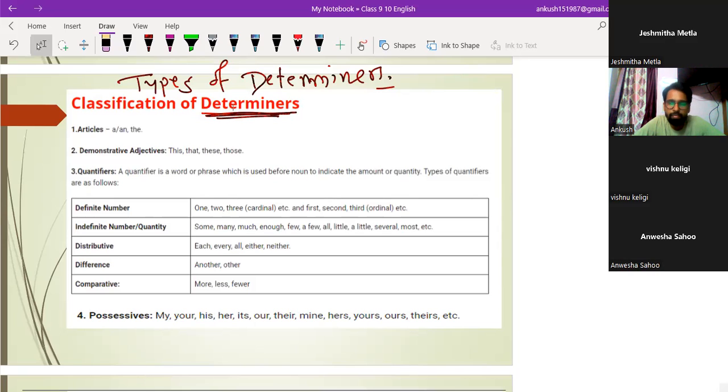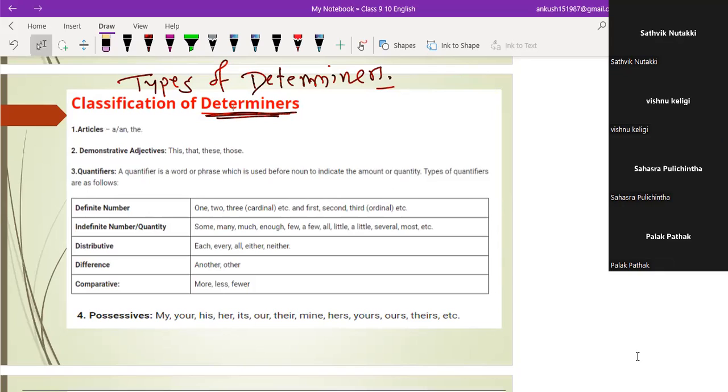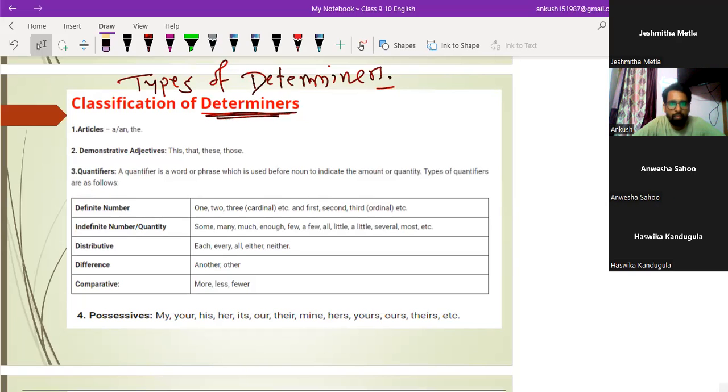Quibble means to argue a lot over petty matters, where they are not that important. That is called quibble.